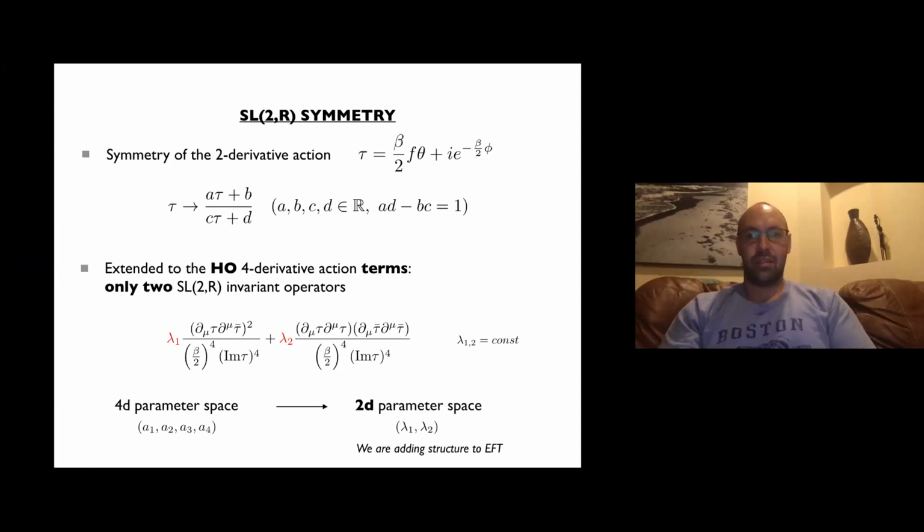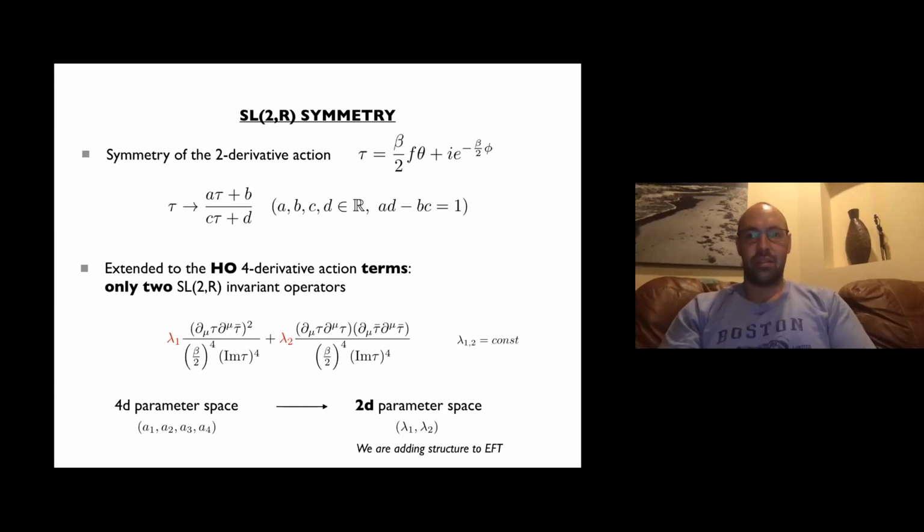The motivation is basically that we are just extending the symmetry, which is a symmetry of the two-derivative action, to the higher-order terms. The two-derivative action has this symmetry once you recast the axion and the dilaton into the axion-dilaton tau. And you extend this to higher-order derivative terms.